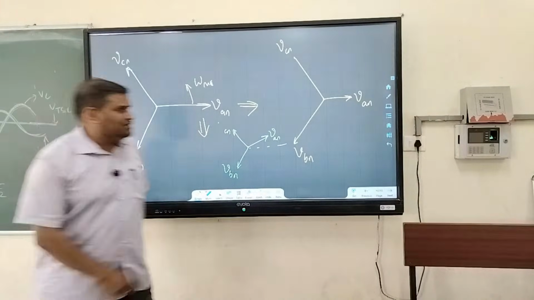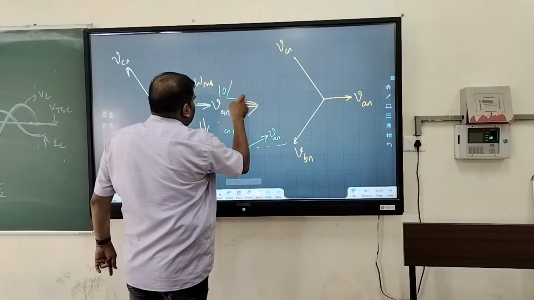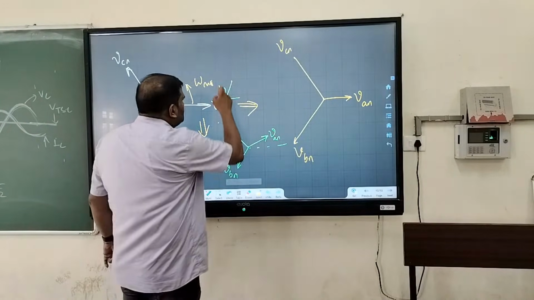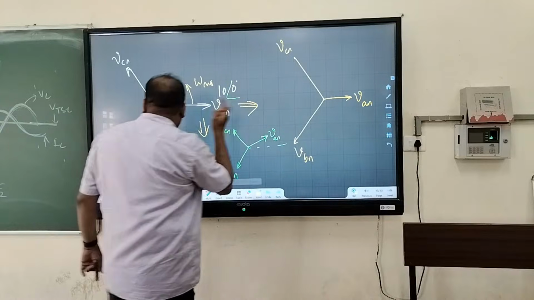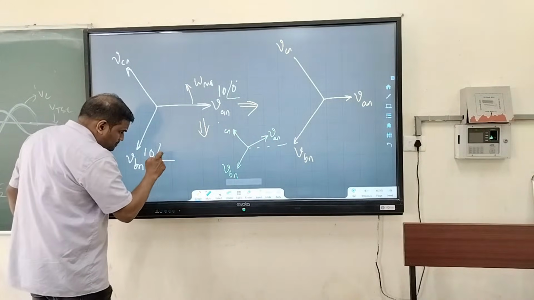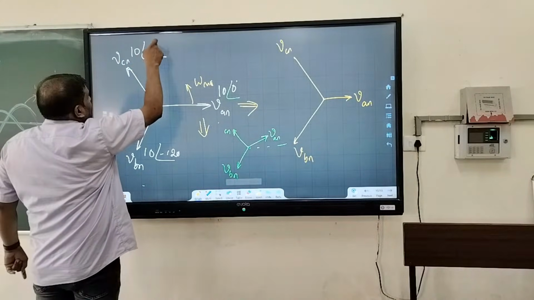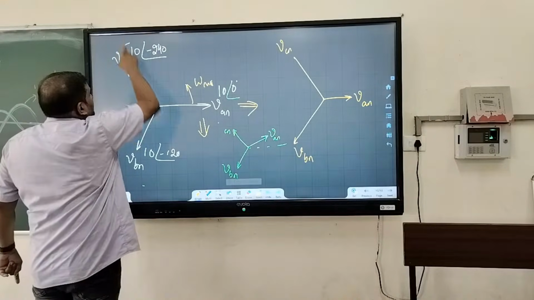How do you say these angles? You will say this is 1 angle 0 degrees, this is 1 angle minus 120 degrees, and this is 1 angle minus 240 degrees.